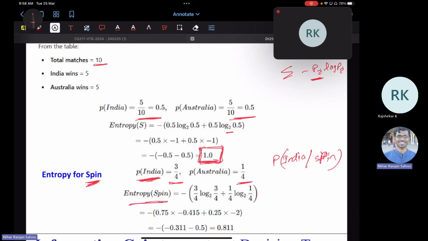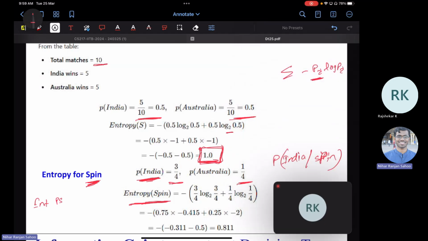Now we'll compute the entropy of the spin friendly pitch. So this is written entropy here, but it is actually entropy of y level given spin friendly pitch.